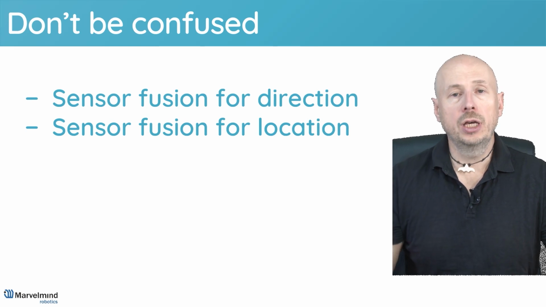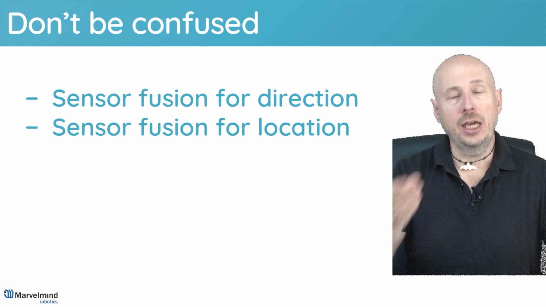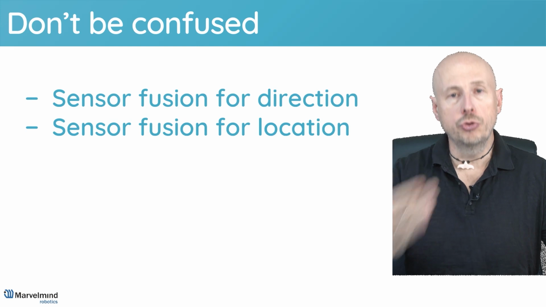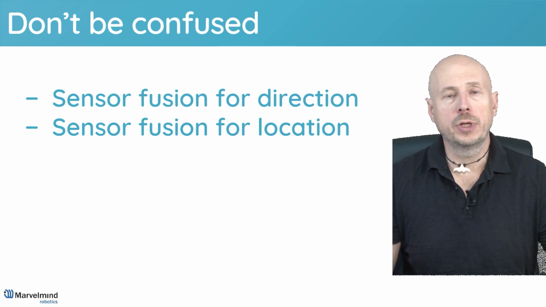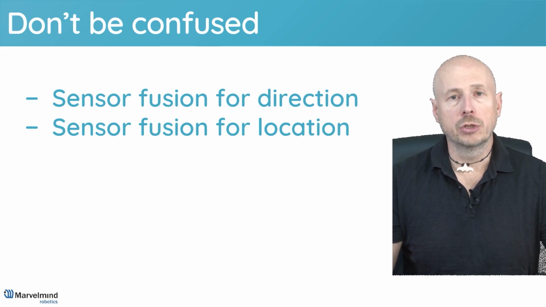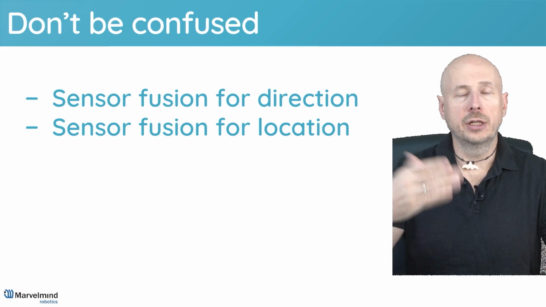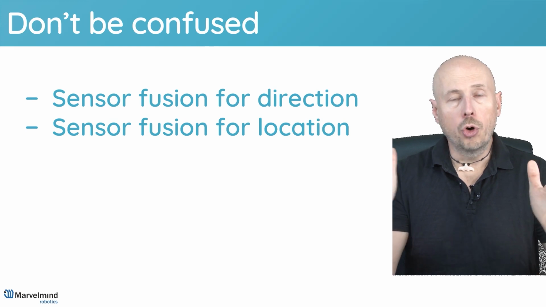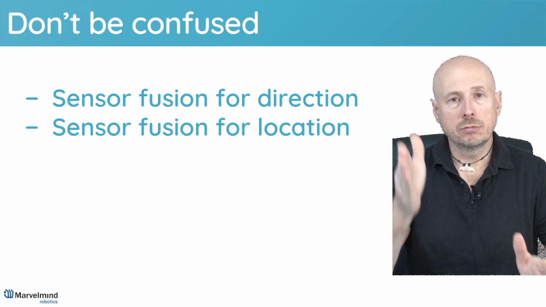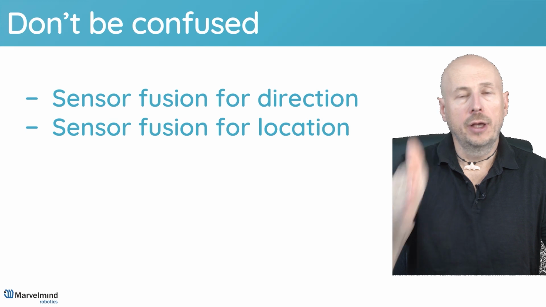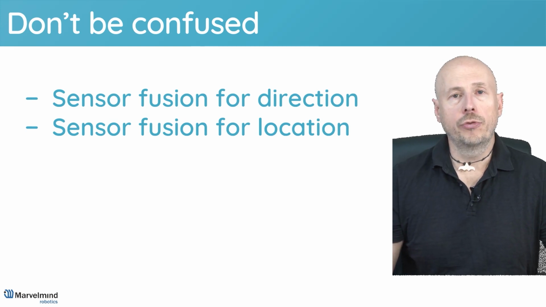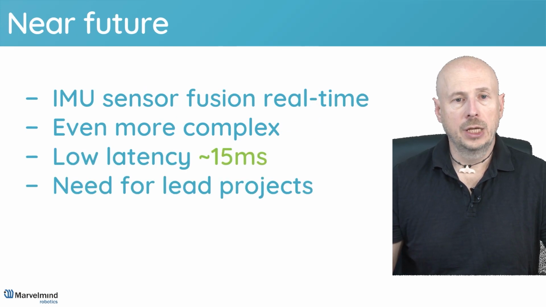But today we were talking about sensor fusion for location, which is a new feature, a significantly more complex feature, but very, very powerful, because, as I mentioned, it returns the best. 100 Hz, more robustness, and at the same time more accuracy, because it reduces the jitter of ultrasound location measurements.